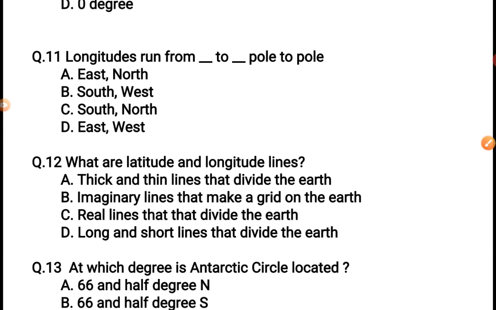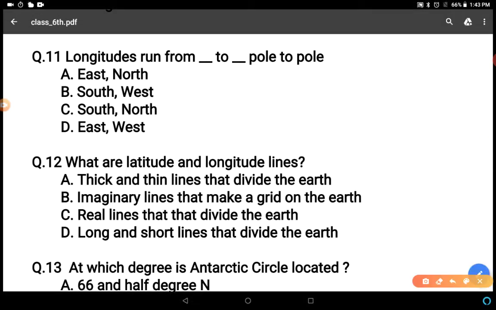Longitudes run from which to which? Pole to pole? East, north, longitudes. These are the longitudes from north to south or south to north. C is the correct answer. What are latitude and longitude lines?